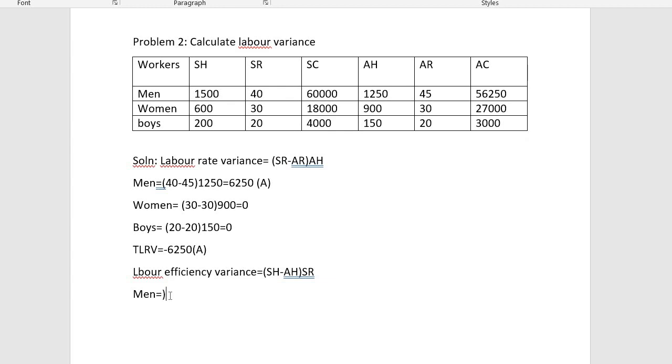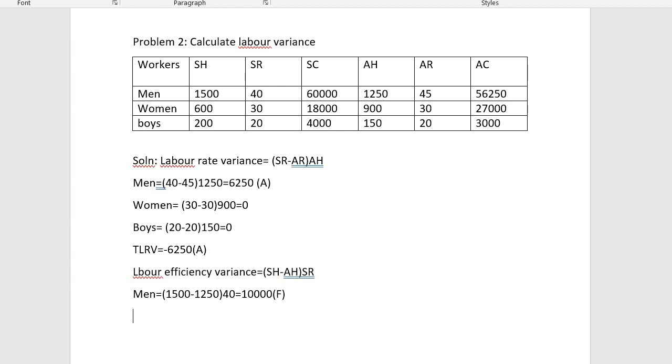It equals 1500 minus 1250 multiplied with 40. So it will come to 250 multiplied with 40, which is 10,000, which is favorable variance.